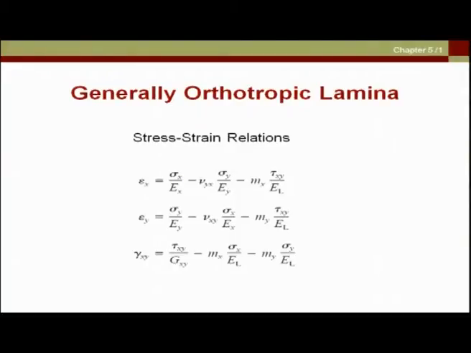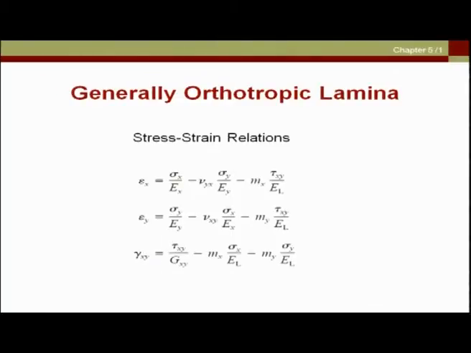And similarly, we have stress-strain relationships for the y direction and for the shear strain. So, using these relations and also the concepts involving stress transformation and strain transformation, we had developed expressions for sigma x, sigma y, tau xy, all these things.